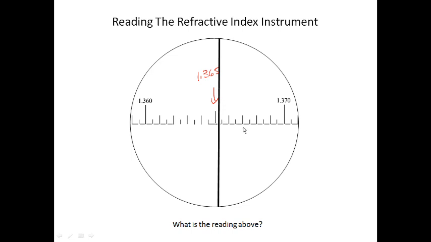That means that each one of these graduations is worth 0.001, and then inside of here, where you have to estimate, you're going to estimate it to the fourth decimal point.